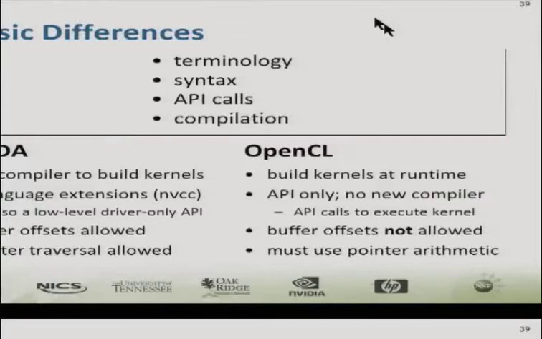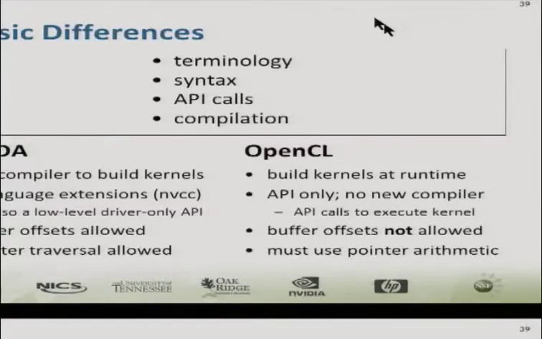They have other differences like buffer offsets and pointer traversal, especially when you're doing things like multidimensional arrays. You have to be careful with pointer arithmetic, and be sure not to share data in pointers between the host and the device memory.